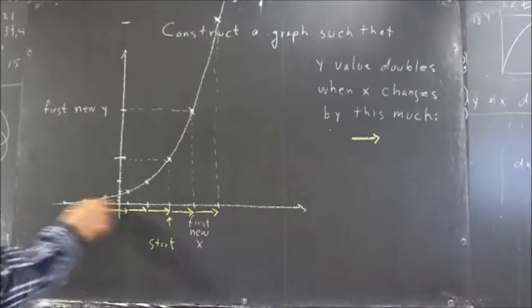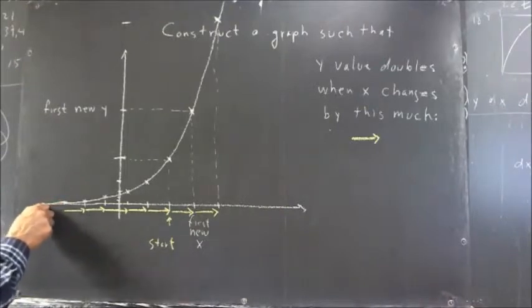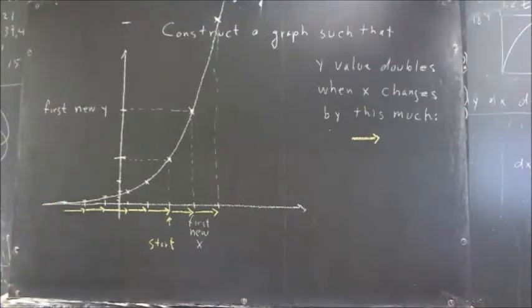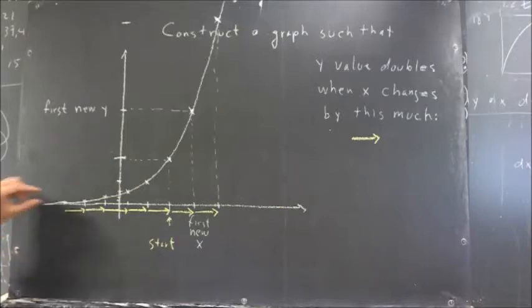And the curve could continue on here, but it's going to get down so close to the x-axis that you're not going to be able to really tell it from the x-axis. In other words, you're going to have an asymptote with the negative x-axis. You're never going to reach it because you're just going half as great, half as great, half as great. You're never going to get down to 0. You've always got something, even if you can't draw it.